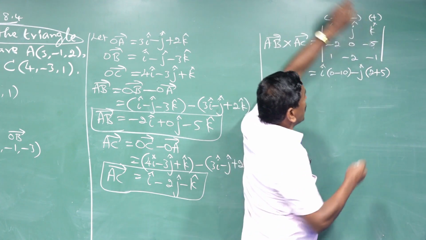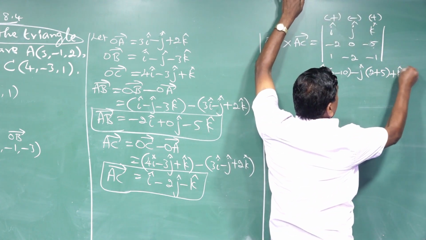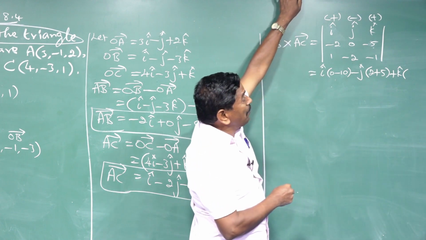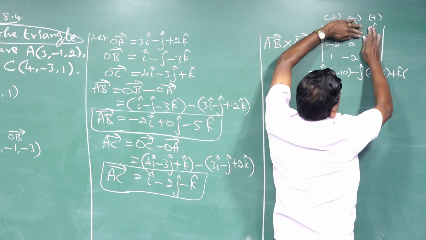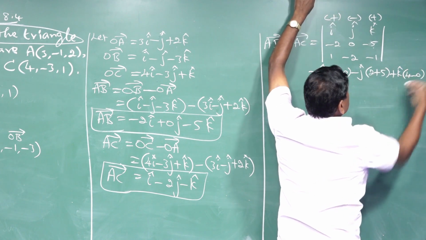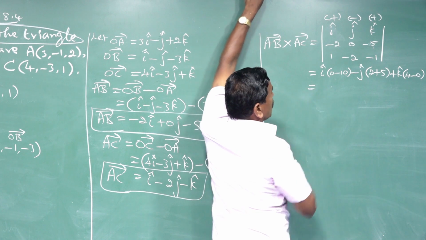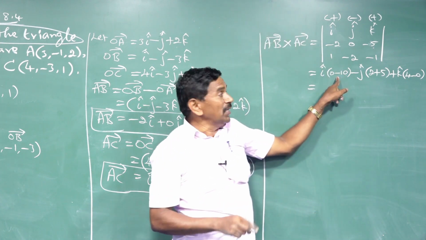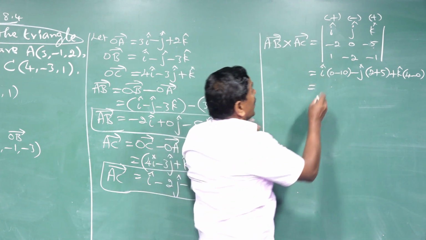Next, plus into k cap: forget its respective row and column: 4 minus 0. That's all. Which is equal to, what is the first bracket? Minus 10 i cap.